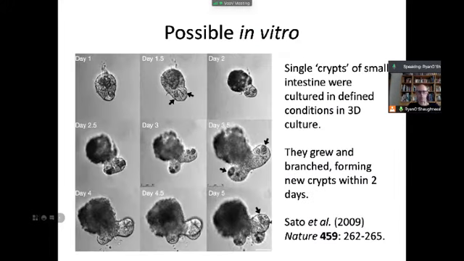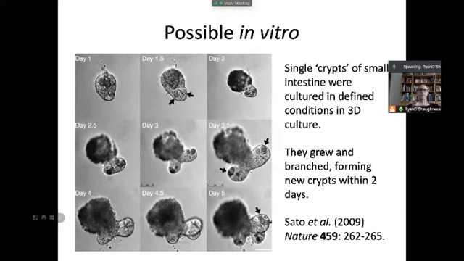Well, first of all, people experimented with seeing whether they could recapitulate the formation of a complete small intestine just using the crypts, so where the stem cells came from, and growing those in culture.